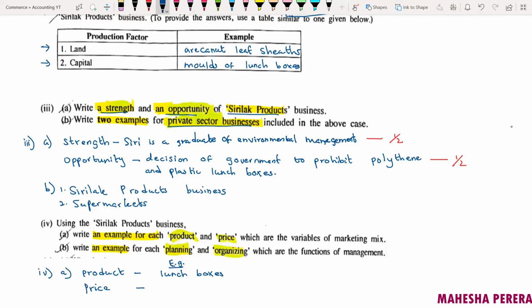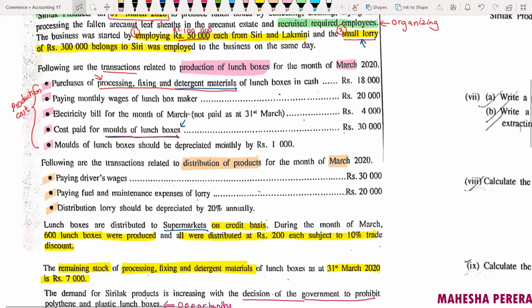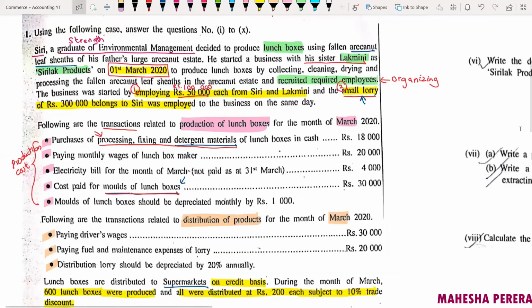Then for the price, you can mention, did you notice this? You should find out the answers when you read the case. It says 10% trade discount is given, right? And also as the listed price, you can mention 200 rupees. So this is the price of lunchbox.